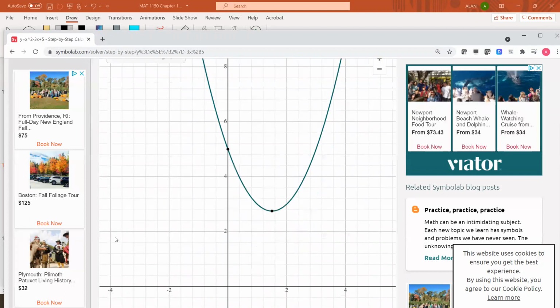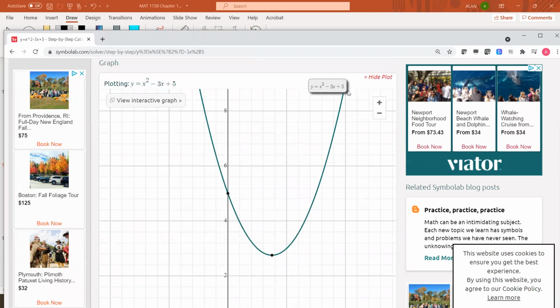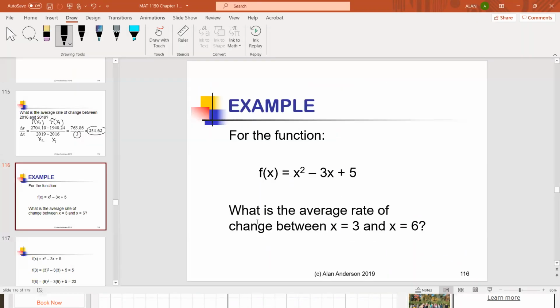So what I'm interested in is figuring out how much it changes between 3, which is approximately here, and 6, which is way up here somewhere. So how can we do this? Well, we're going to call this one x1 and this will be x2.